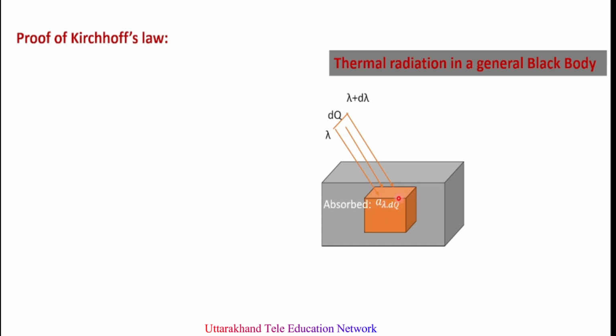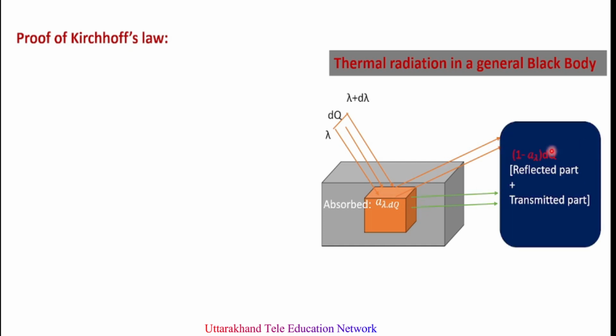And the remaining part is 1 minus a lambda into dq. Suppose 1/3 is absorbed, then the remaining is 2/3, that is 1 minus 1/3. So 1 minus a lambda dq will remain, and this remaining part comes out in the form of reflection, or transmission, or both.